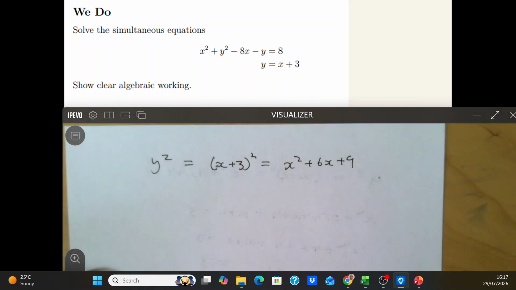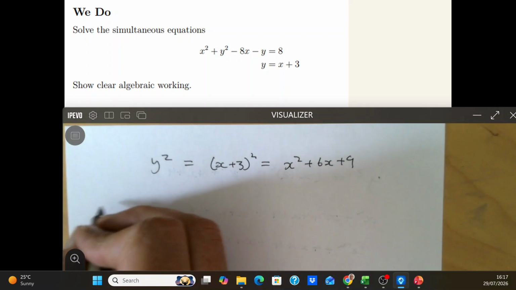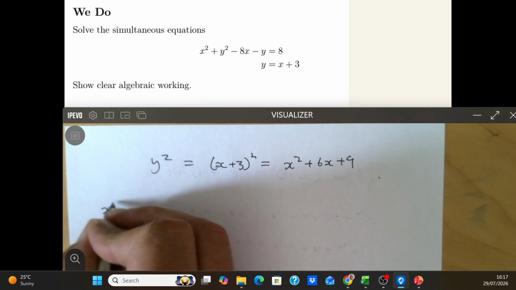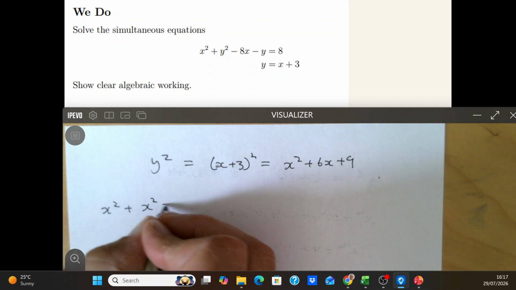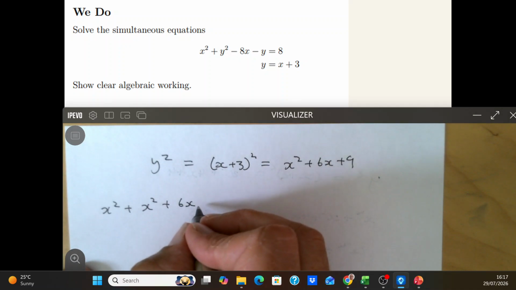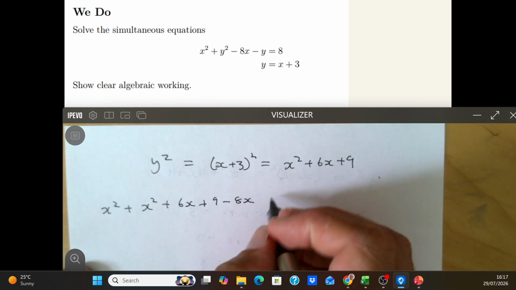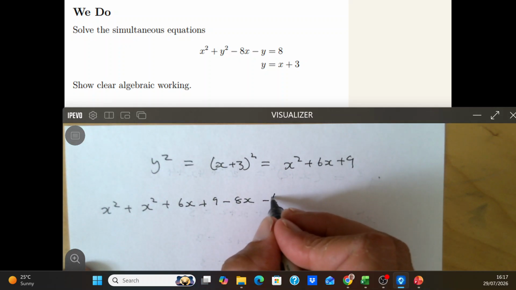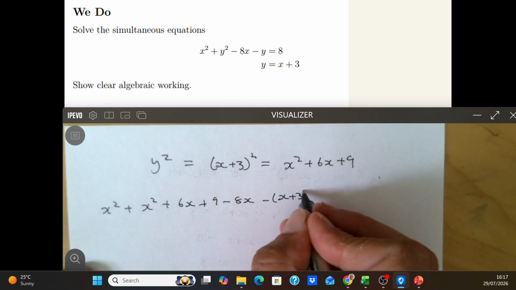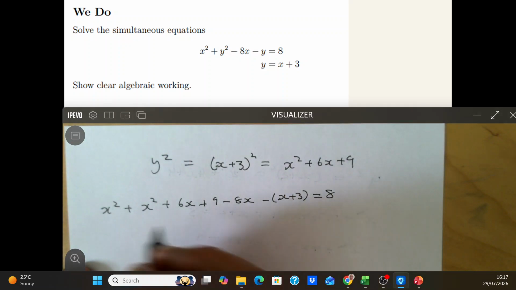Now what do we need to do with that? Yes, we need to substitute it into the one below. So we are going to have, don't forget, you're also going to take away x plus 3, and that equals 8.